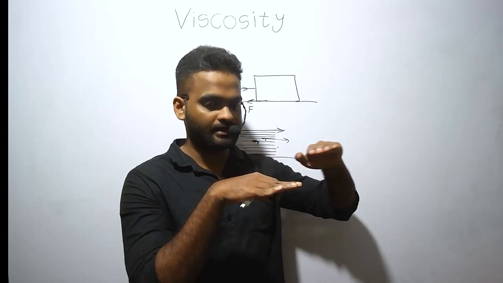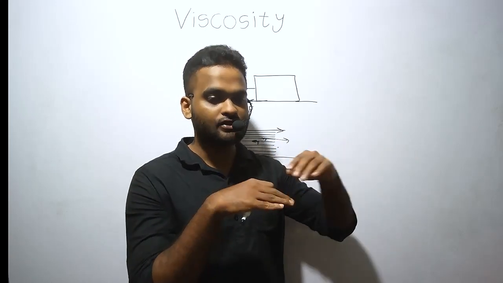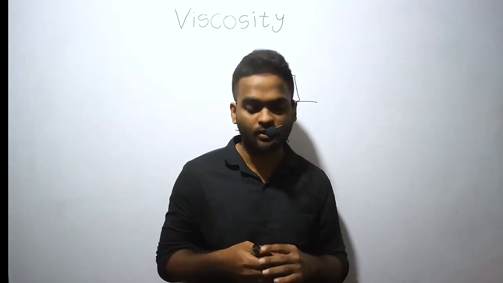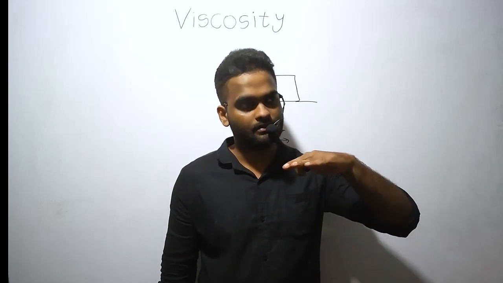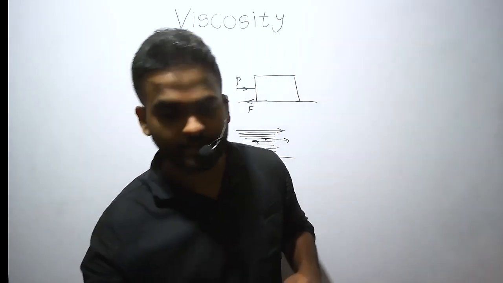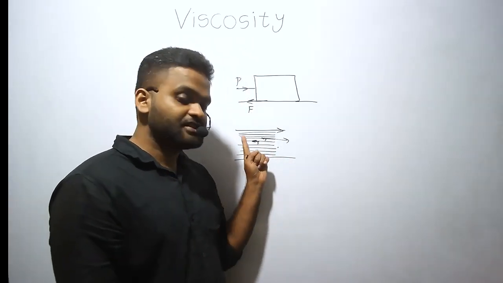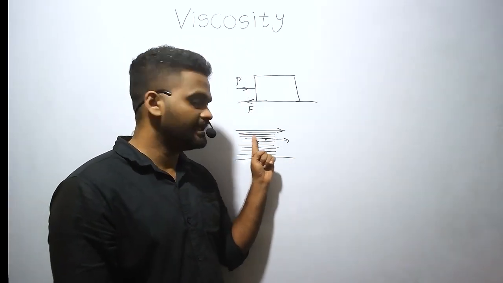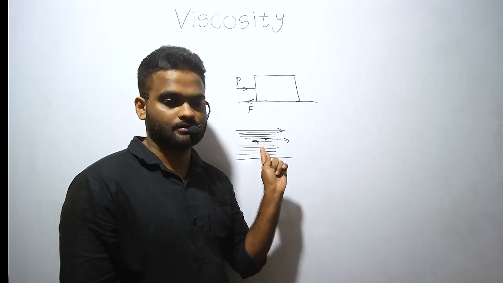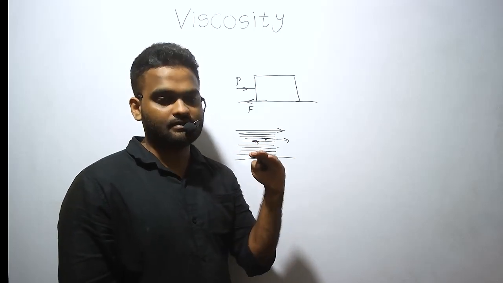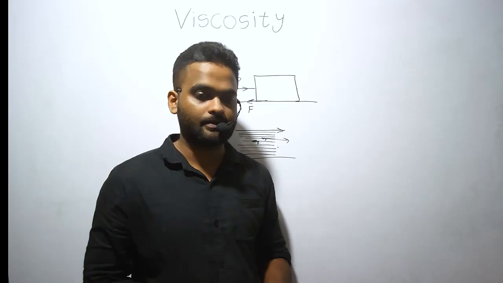That flow is very hard. So the viscosity of honey or treacle is high. So we can say friction between honey layers is high compared to water. Okay, so that is something we are going to talk about.